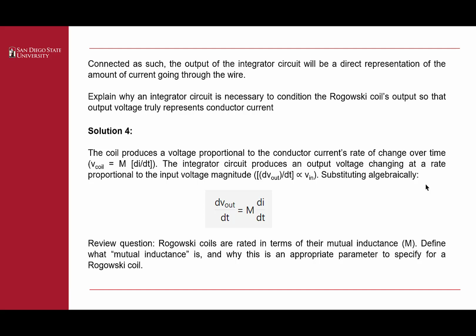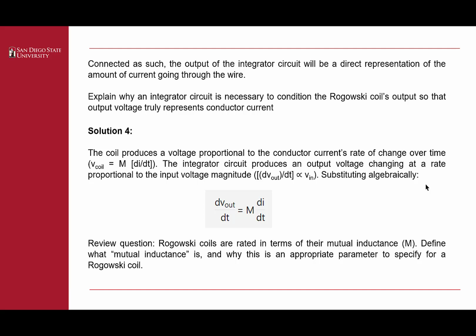The integrator circuit produces an output voltage changing at a rate proportional to the input voltage's magnitude, and shown as dV_out/dt is proportional to V_in. So the derivative of V_out with respect to time is proportional to V_input.